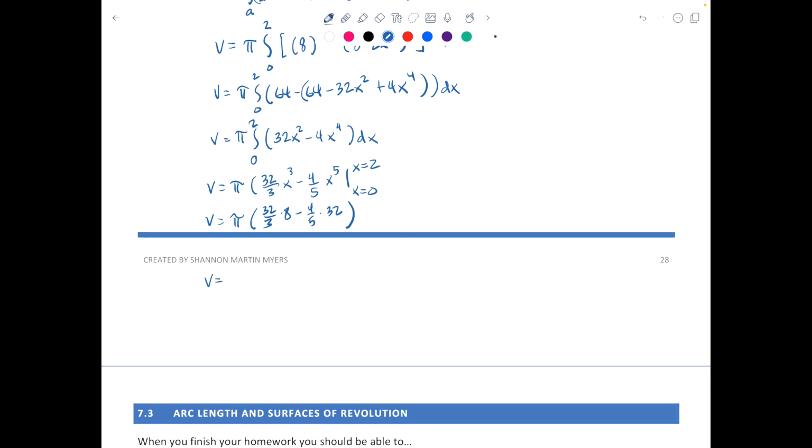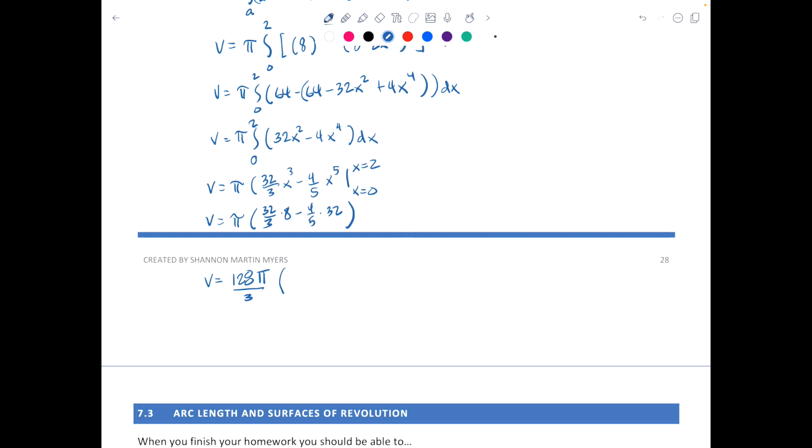So our volume will be pi. We can take out a 32 times 4 from each of those. Do you see that? So 32 times 4 is going to be 128 pi. And then I also want to bring out the 1/3 to balance that out.